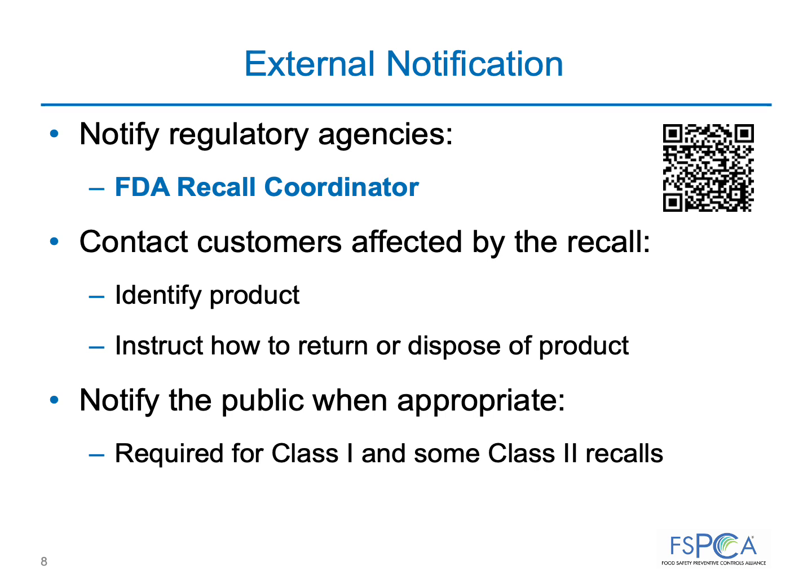The recall plan must include procedures for notification of outside customers, consignees who received product. Procedures should describe how to inform customers of the type of product, quantities of affected product shipped, dates product was shipped, and the reason for the recall.